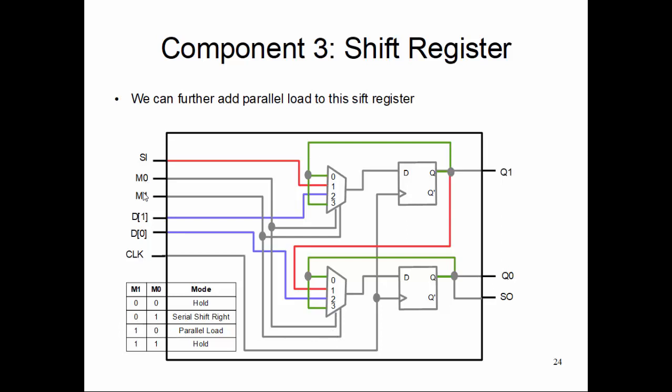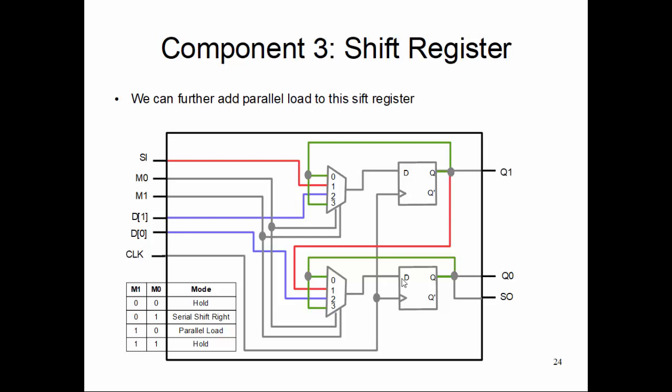So that becomes your parallel load. This is the whole 2-bit shift register. Imagine how we can extend it to 4-bit: you need 2 more multiplexers, 2 more flip-flops and connections, and then from there to 8-bit and so on.